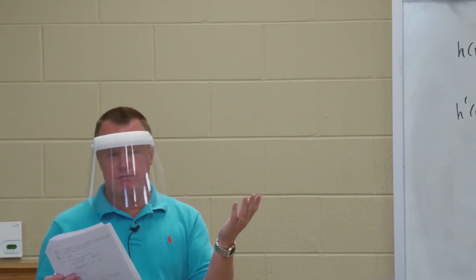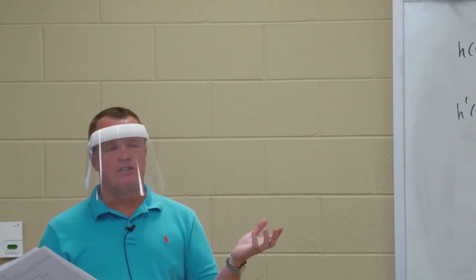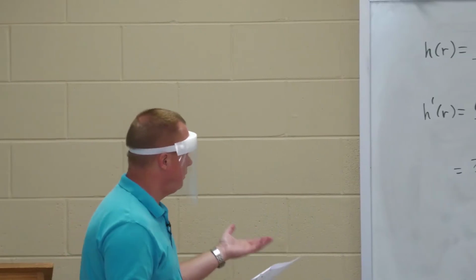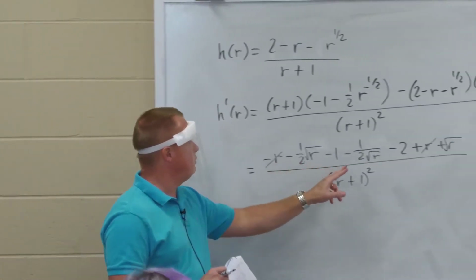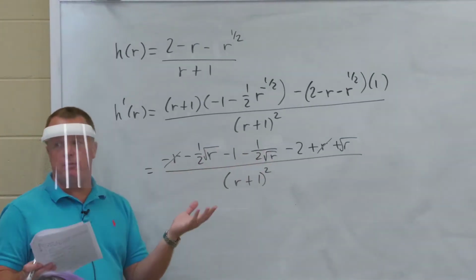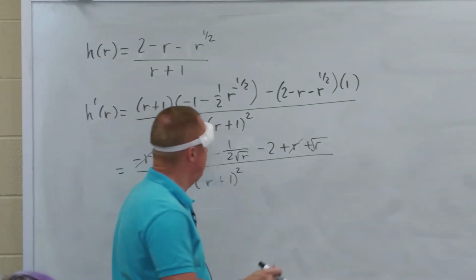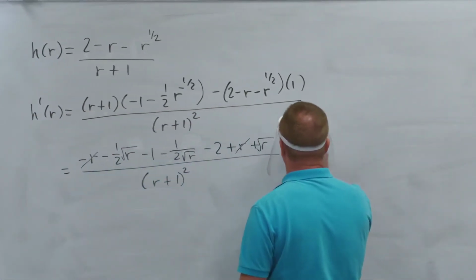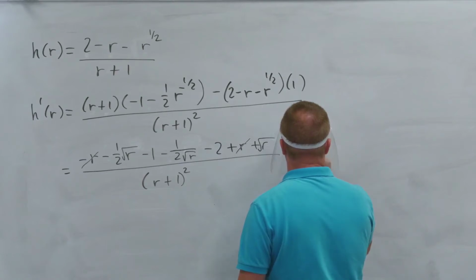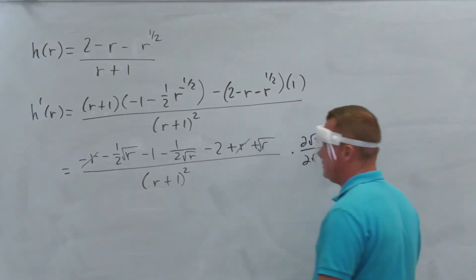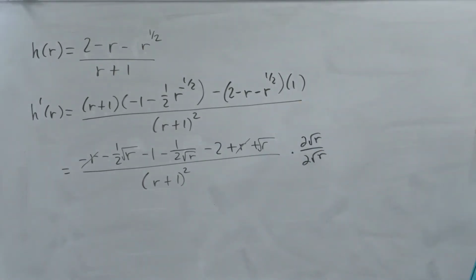It's common denominator, right. So if you look at it, the only denominators really are 2 and 2 root r. So the common denominator would be 2 root r. So just multiply the top and bottom by that, and that should fix it to where we don't have those fractions inside the fractions. Okay.